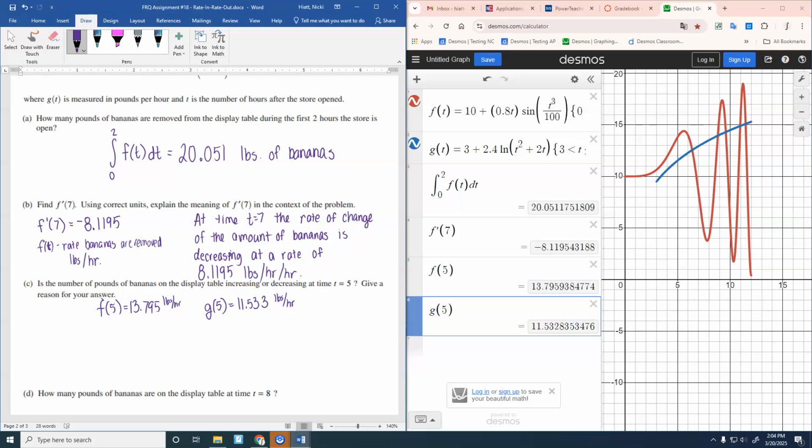So this is removed, right? And this is added, right?